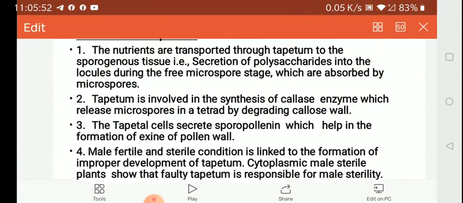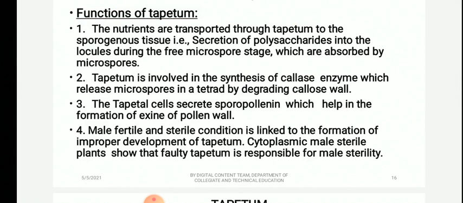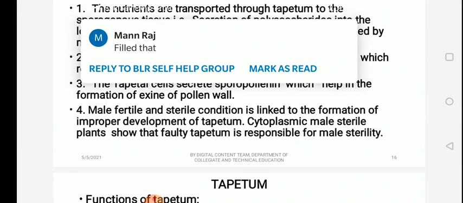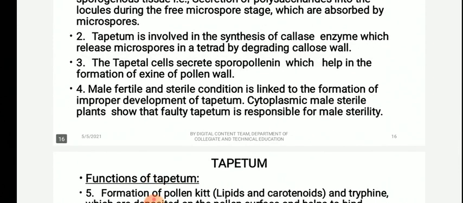So let us just revise some of the functions of the tapetum. Number one, the nutrition to the developing sporogenous cells is given by the tapetum. The tapetum produces callase enzyme which breaks the callose wall of the pollen tetrad. The tapetum helps in the formation of the exine of the pollen wall.